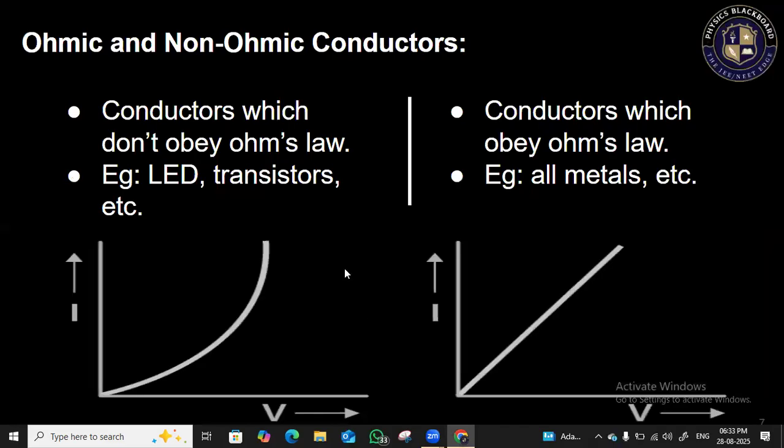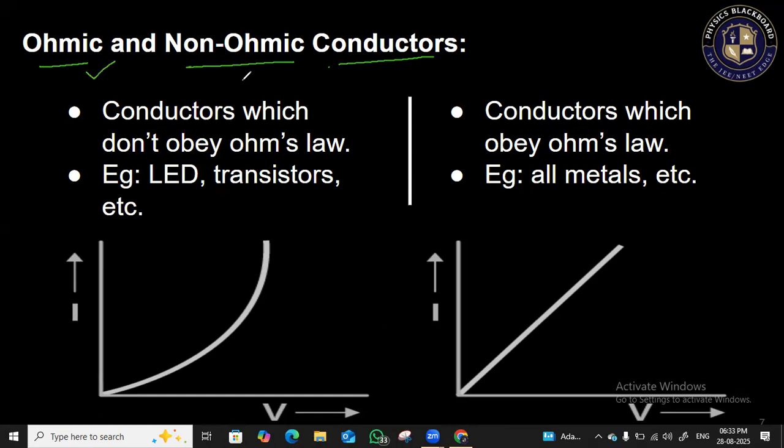And next to this, we will see one more concept based on Ohm's law. The conductors are further classified into ohmic and non-ohmic conductors. Let's see what these ohmic and non-ohmic conductors are. First, conductors which don't obey Ohm's law, we call these non-ohmic conductors.